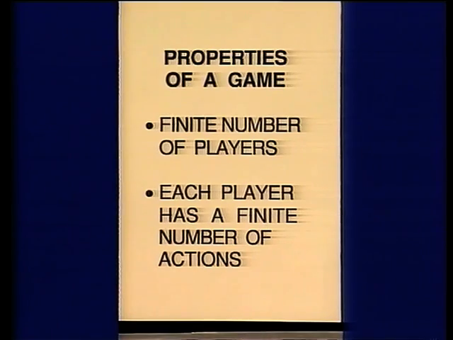But we ought to say something about what we mean by a game. The games we'll be considering will have only a finite number of players, and indeed each player will have only a finite number of actions. Now, there are games which do have an infinite number of players, an infinite number of actions, but they're not within our purview in this lecture.